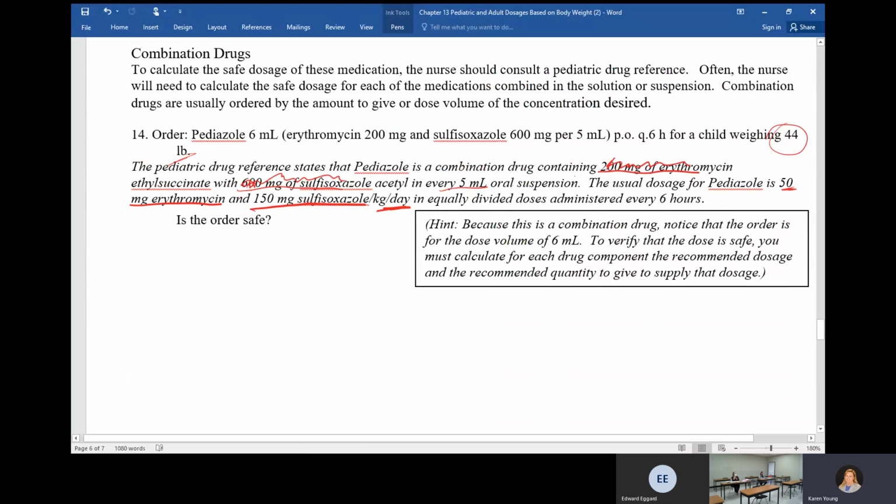So just like we did the others, we're going to find the safe dosage. We're going to find the safe number of milliliters. I want milliliters per dose. So I'm going to start with the 50 milligrams per kilogram per dose.